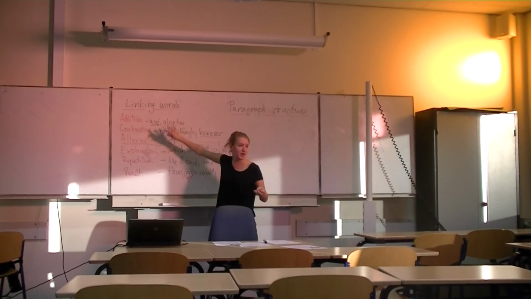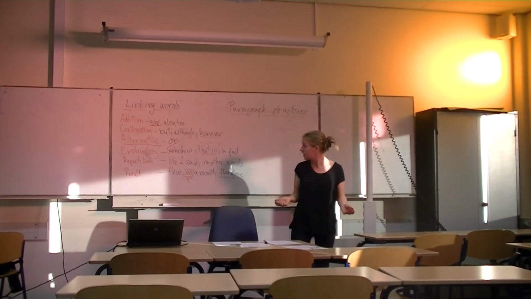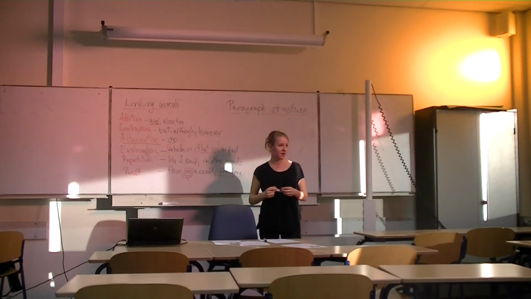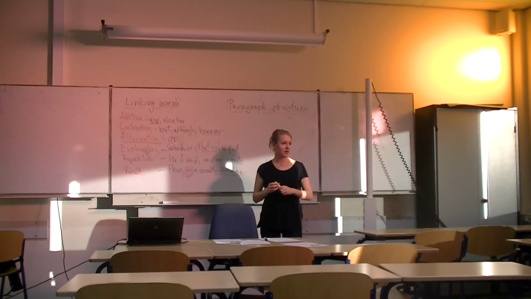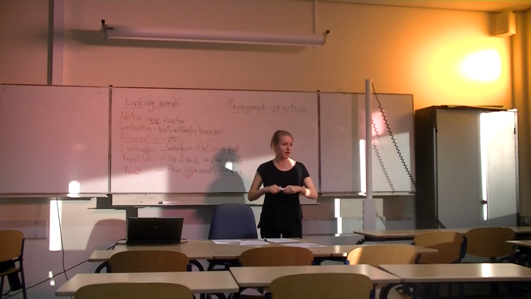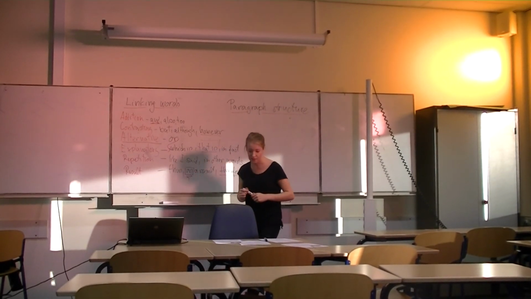You don't really have to know the names of the categories. It's not really important, as long as you know how the words function. So by the words "that is", she's telling about what I read before. She explained, this is how she explains how she got to the result.